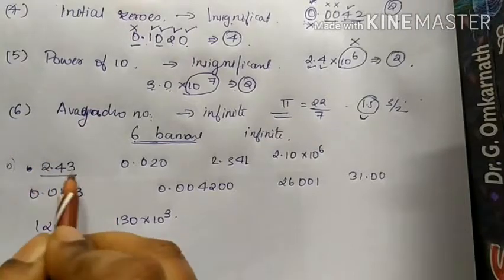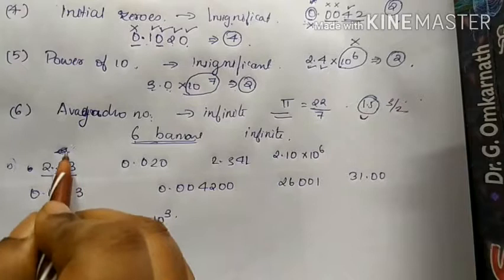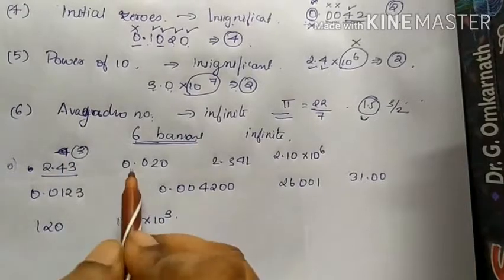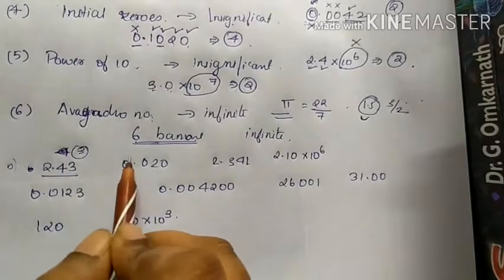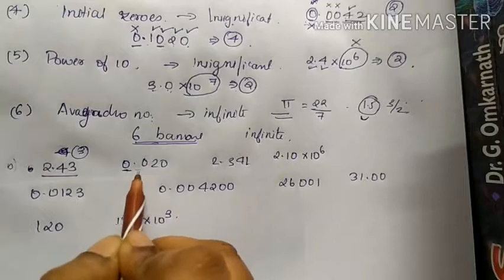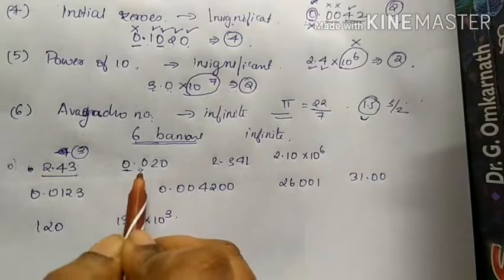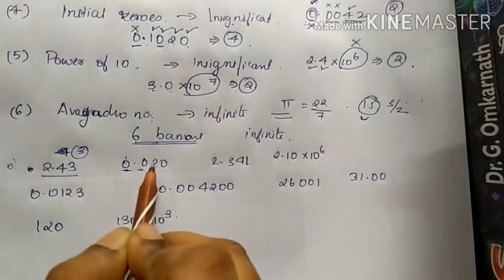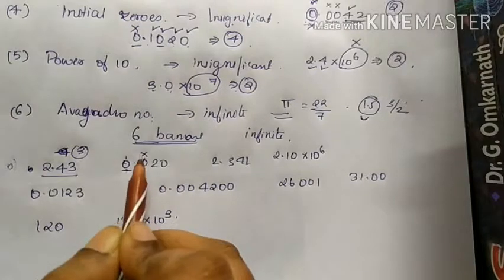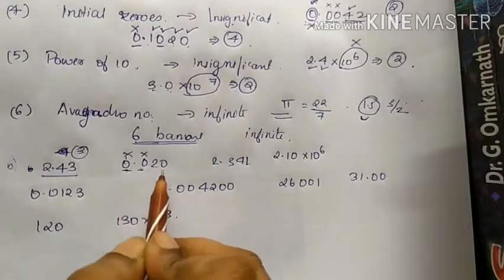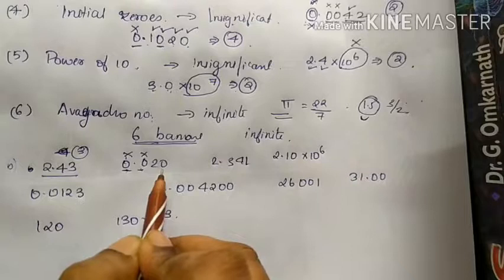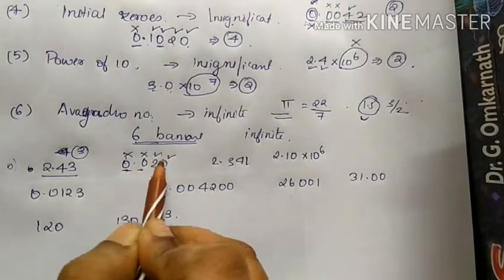In the first, these are 3 non-zero digits, so it has 3 significant figures. Next, the initial 0 is not significant, and the 0 between is also not significant, this 0 is also not significant, while this trailing or ending 0 is significant, and this is significant.